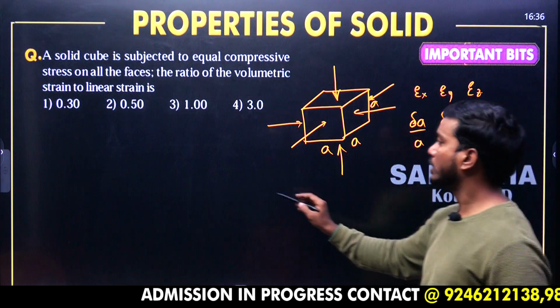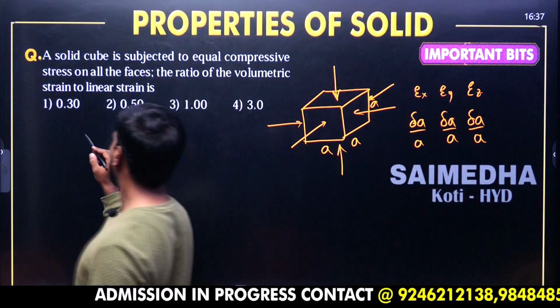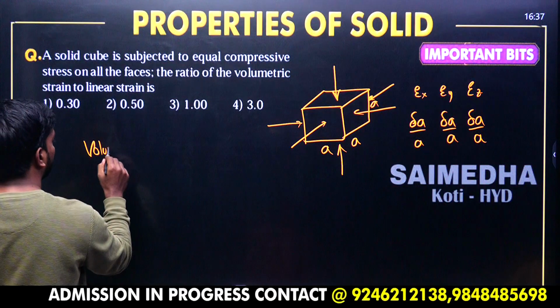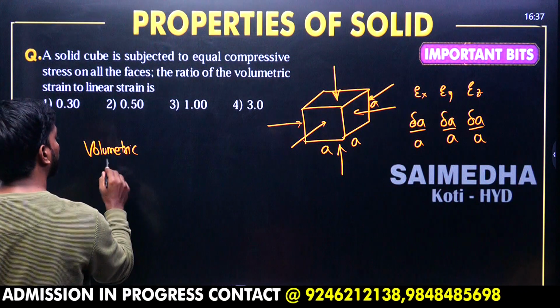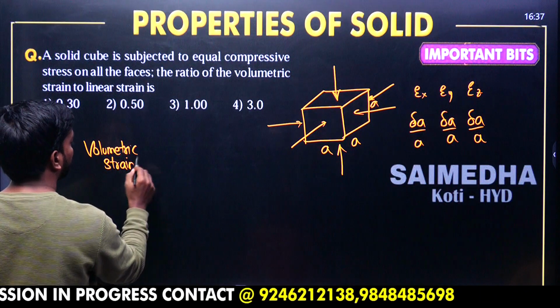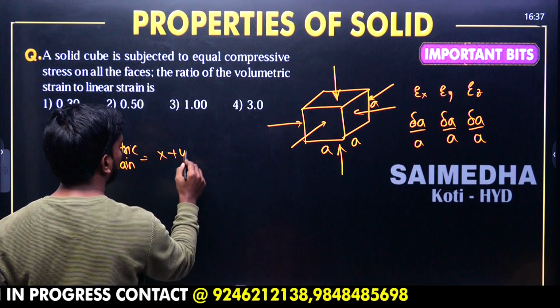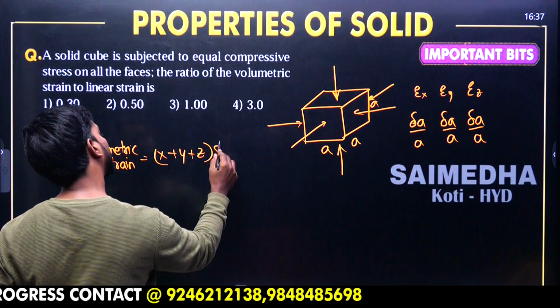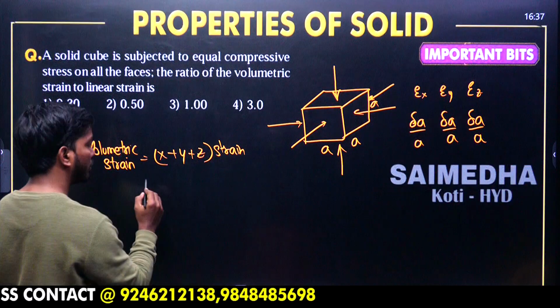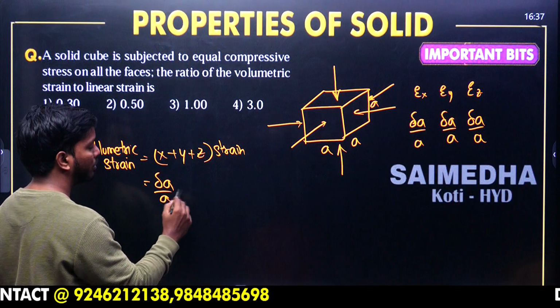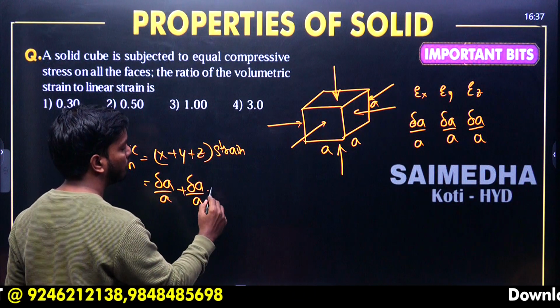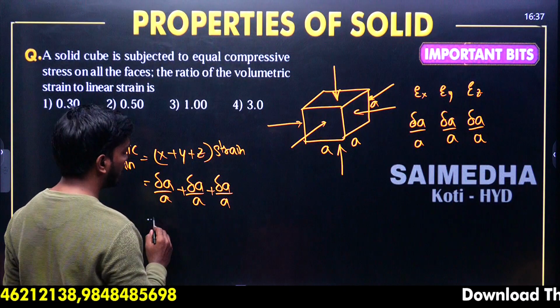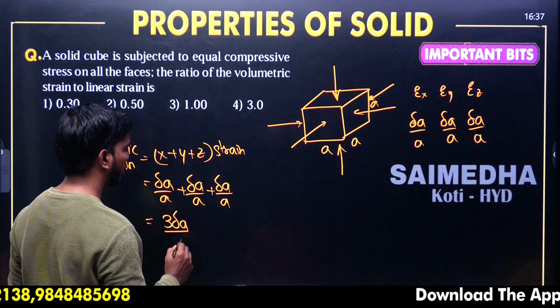Volumetric strain is the summation of the x, y, z strains: change in A by original A, three times. That means 3 times change in A by original A.